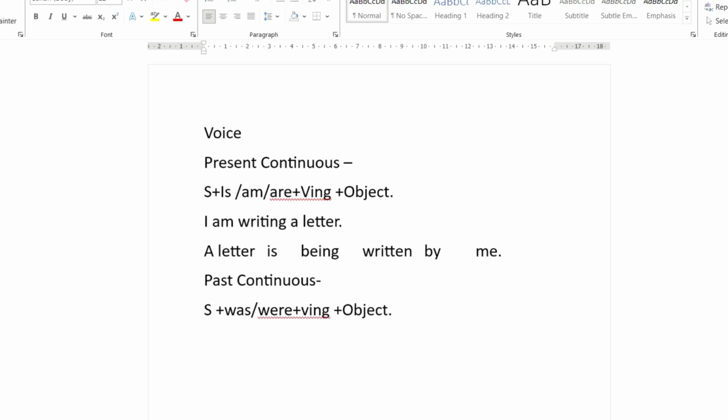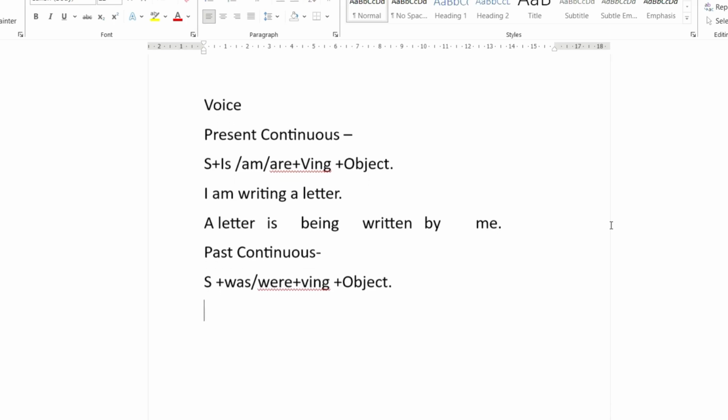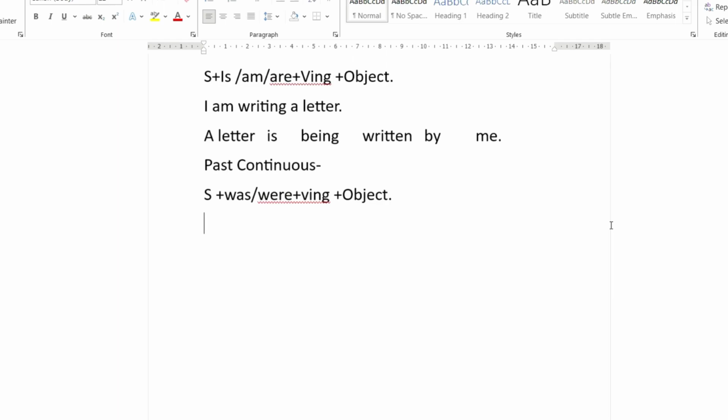Suppose the sentence was: I was writing a letter. The answer will be: a letter was being written by me. Only there will be a change in the helping verb. Now, future continuous tenses cannot be changed into passive. Please keep in mind, future continuous cannot be changed into passive.